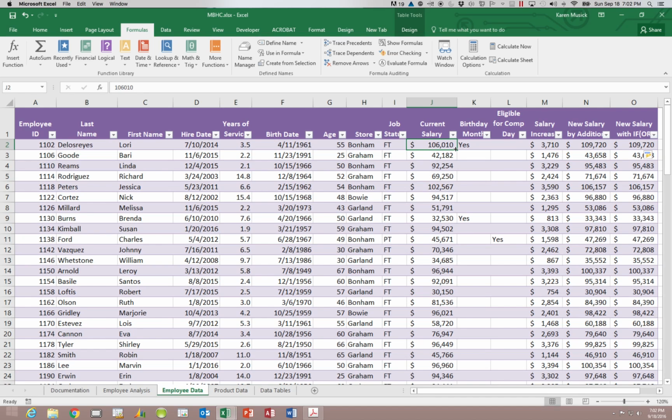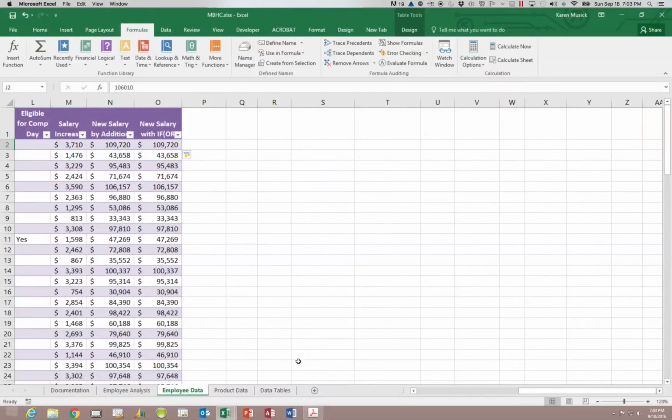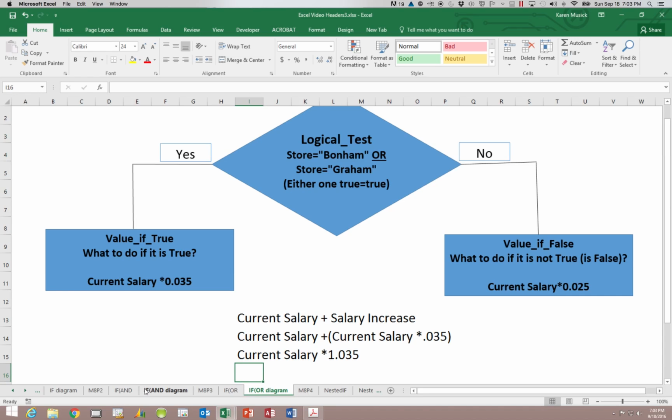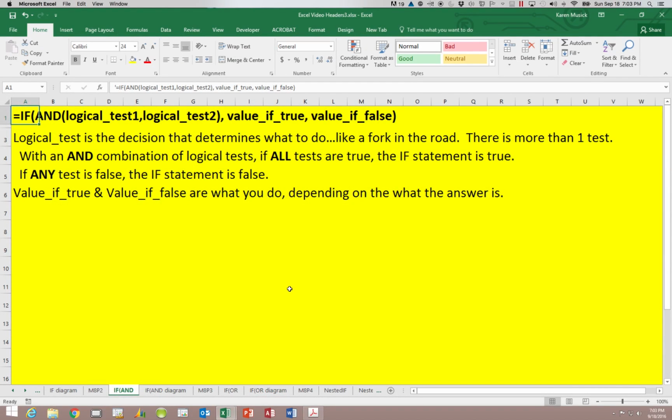So for example, with the if and, all tests must be true for the if statement to be considered true.